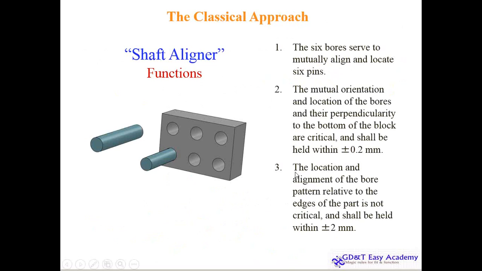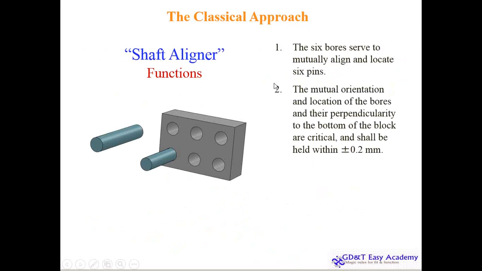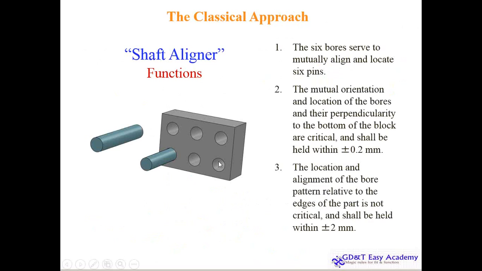So let us understand this classical approach with this particular pin and shaft. The 6 different bores are available here, and these different locating pins are available here. The mutually oriented locations for these pins is 0.2 mm, and from the edges it is 2 mm.